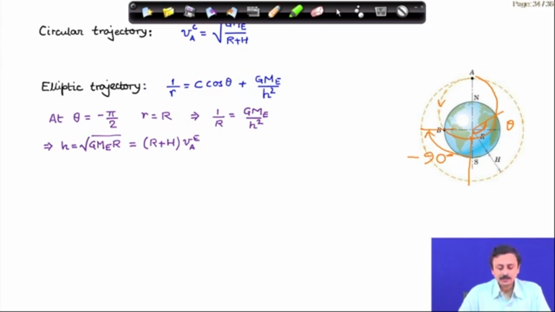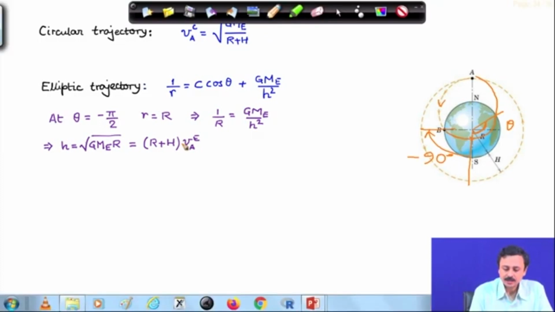From this h value I can equate it to the small h value calculated from the tangential velocity the satellite should have on the elliptic path, times the radial coordinate, which is r plus h. That will give me the angular momentum per unit mass of the satellite at A on the elliptic path.